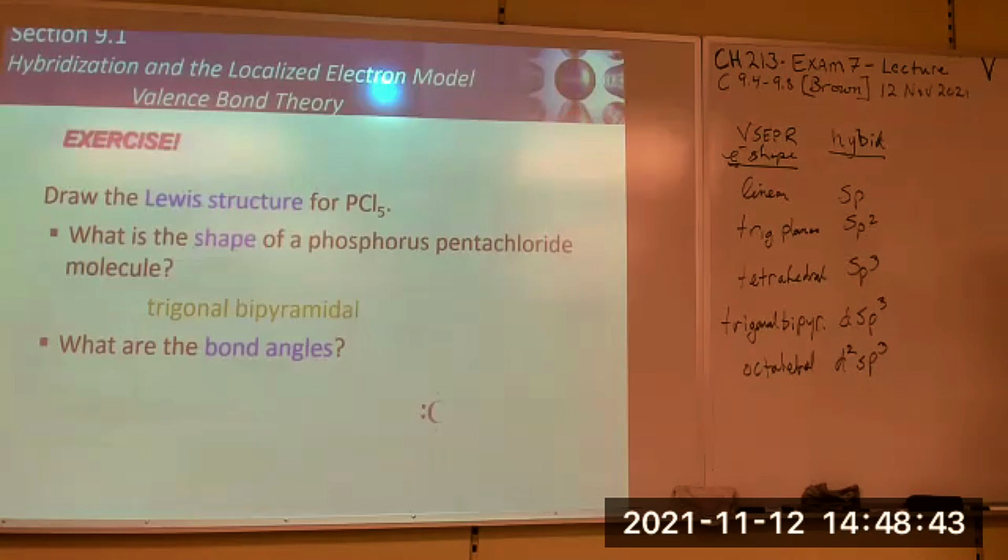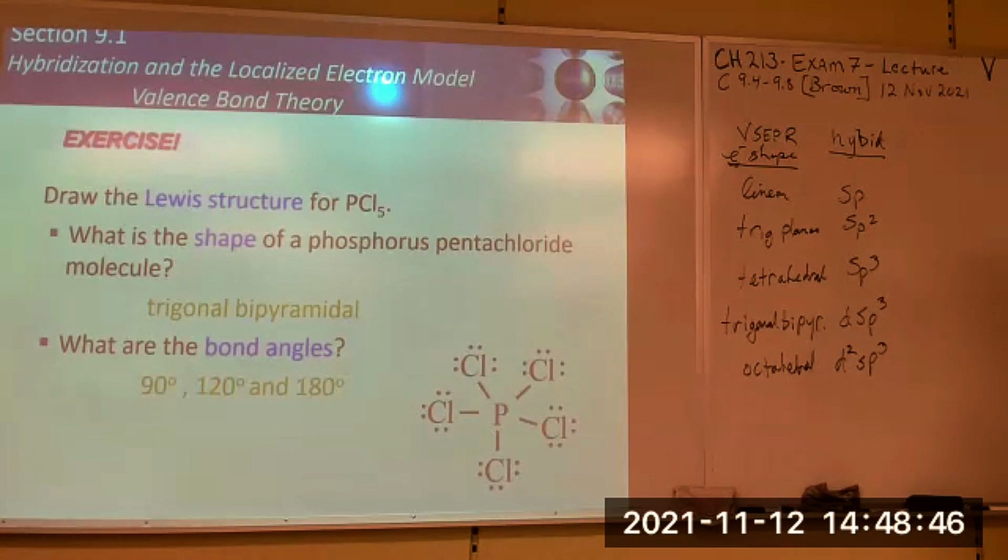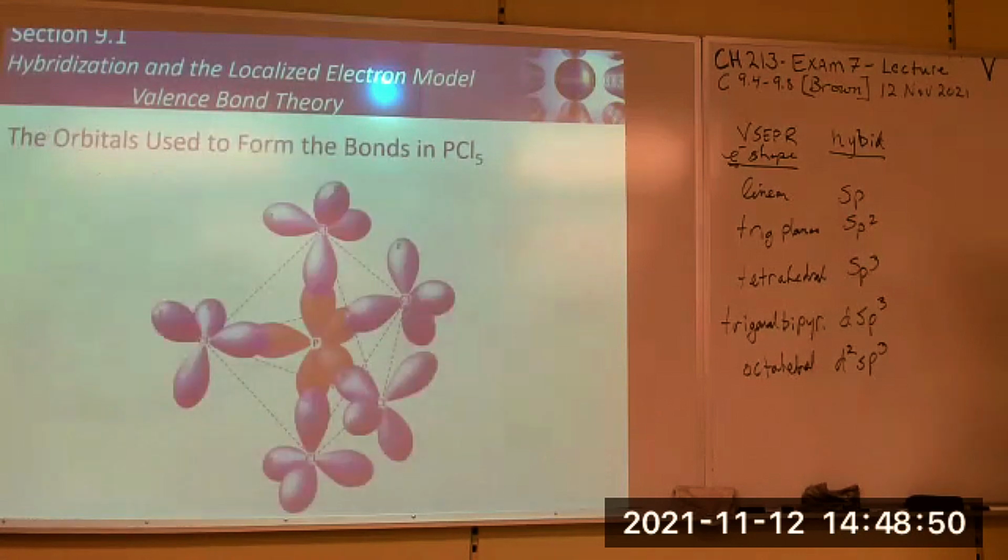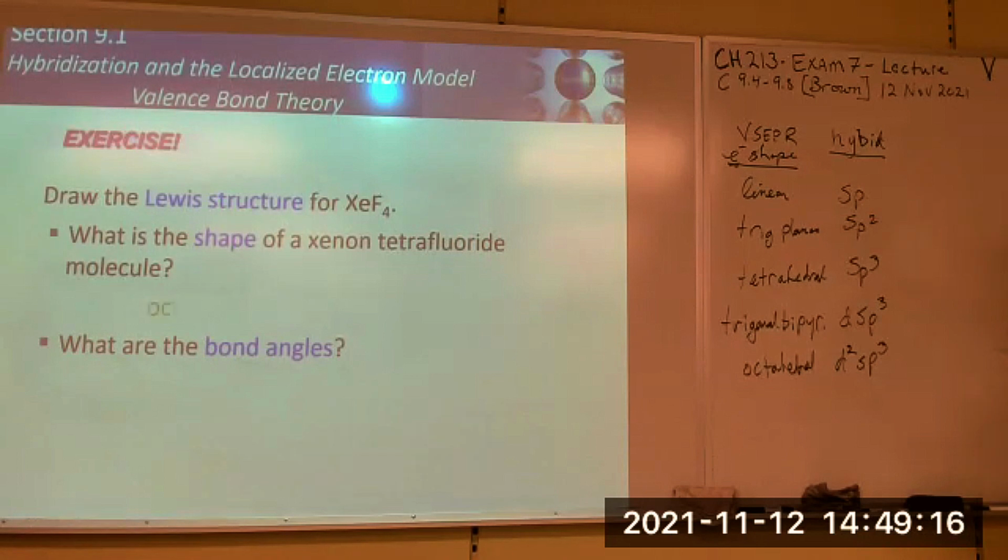So trigonal bipyramid, right? You have these different angles, and this is how we get them. We're expecting these chlorines, which do not hybridize because they only need 1 overlap, 1 bond. But the phosphorus needs 1, 2, 3, 4, 5 orbitals.